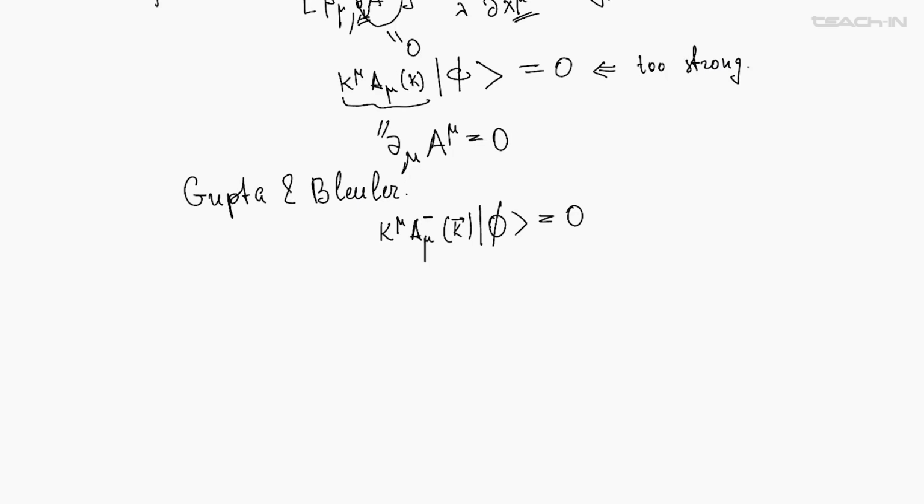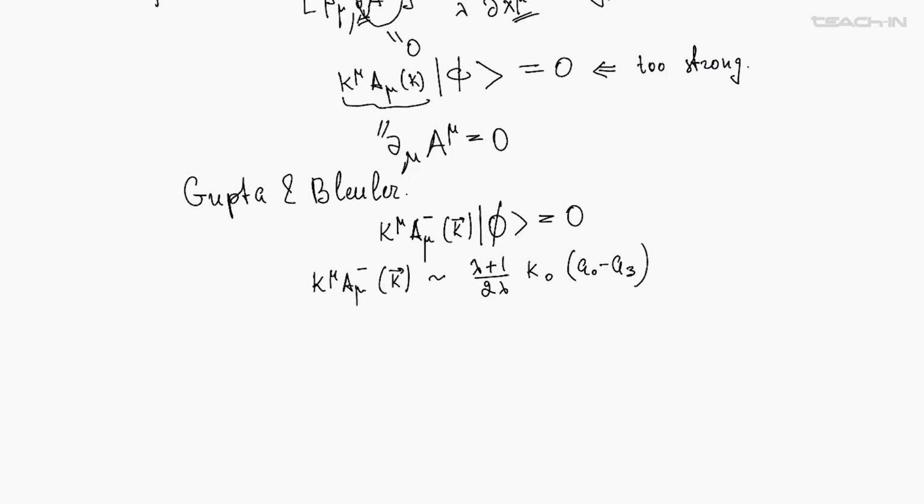Now, if you compute K mu A mu minus of k, you can see that it's proportional to lambda plus 1 divided by 2 lambda, K0, times A0 minus A3. This suggests introducing two operators.